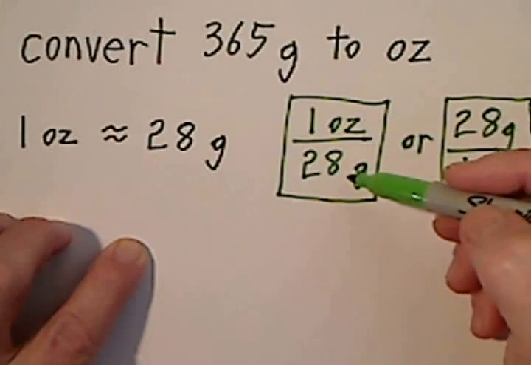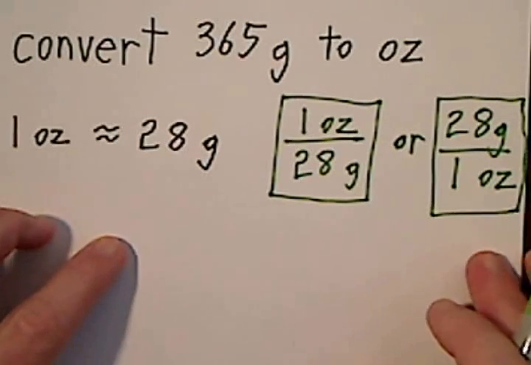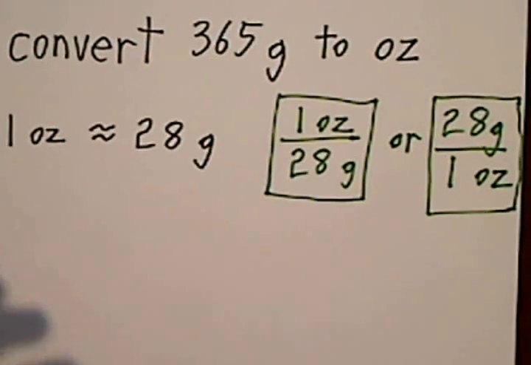Anytime you have something over itself, that's equivalent to a 1. We're going to use this fact to do this conversion.